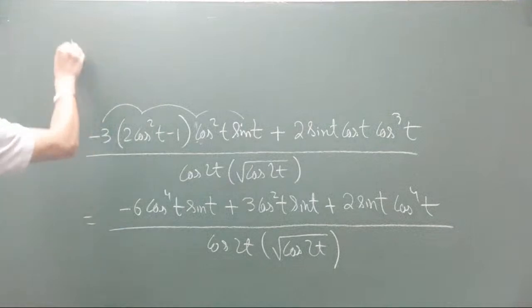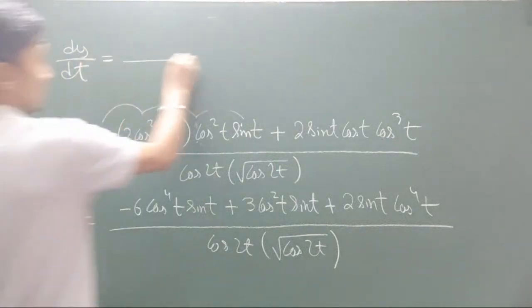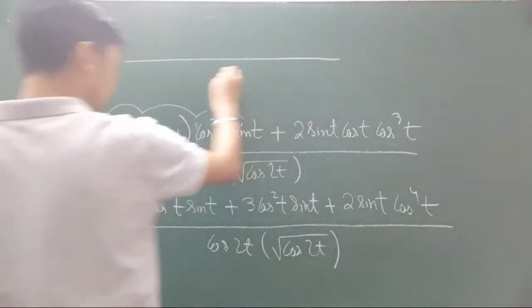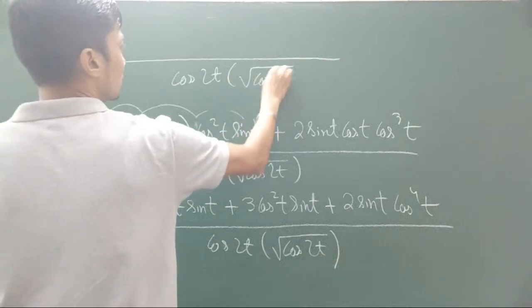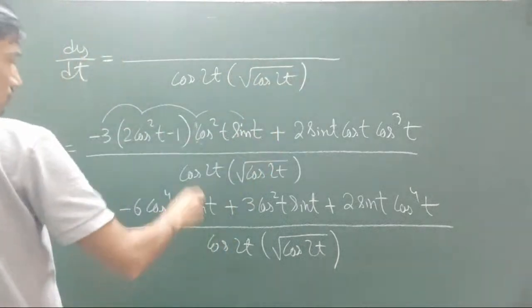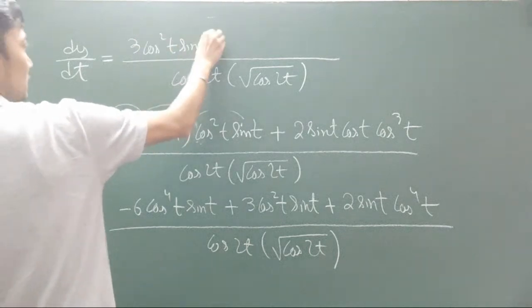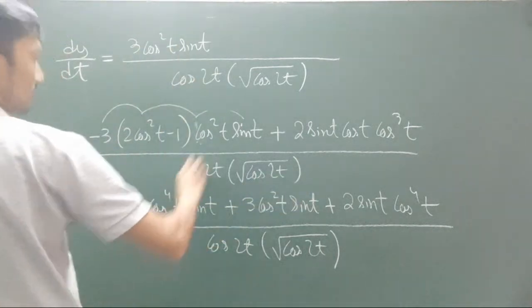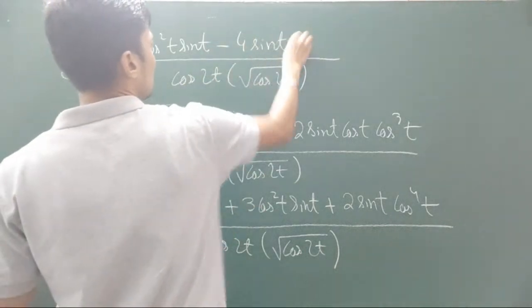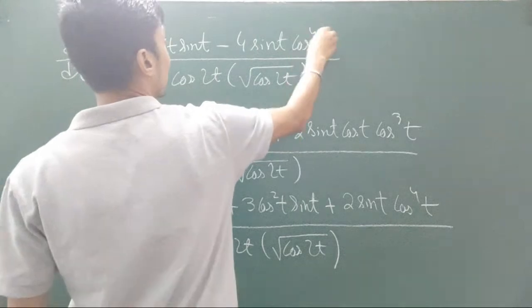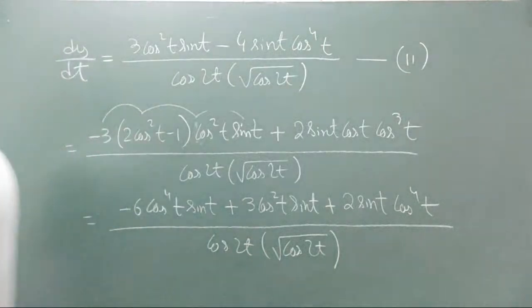It's almost done. So dy by dt should be cos twice of t root over of cos 2t, 3 cos square t sin t. This would be minus, same term, no? Minus 4 sin t cos power 4t. All right, let that be equation 2.